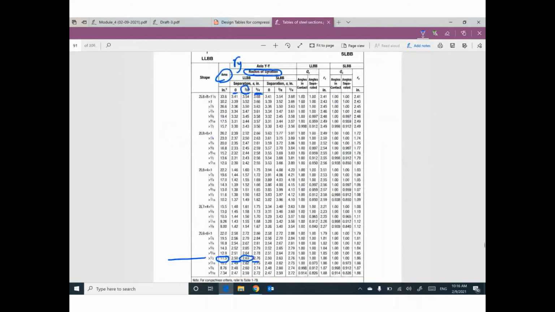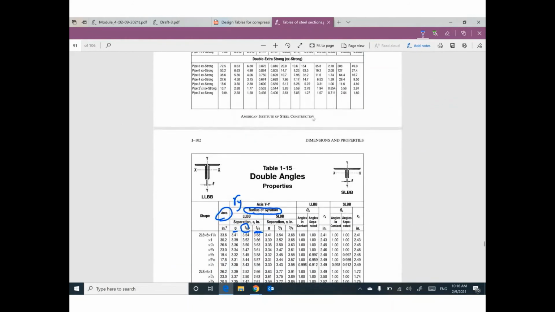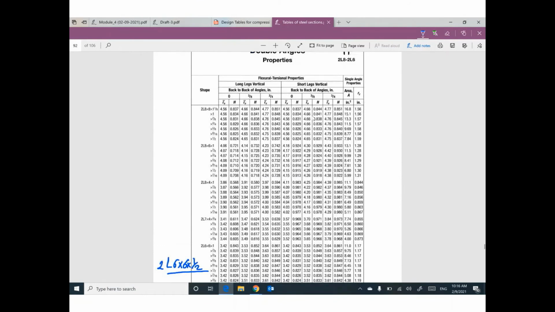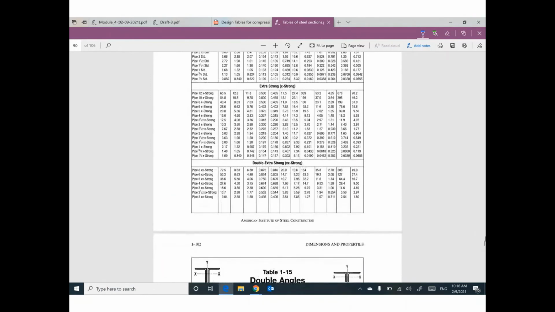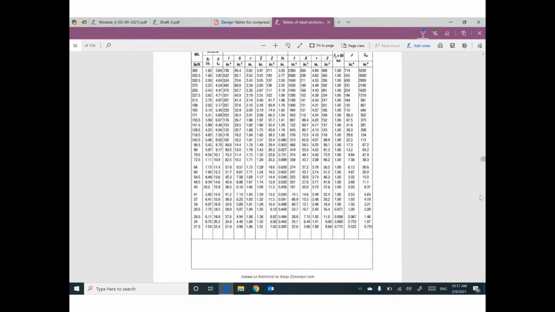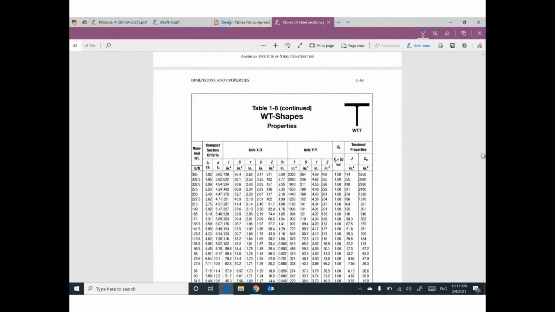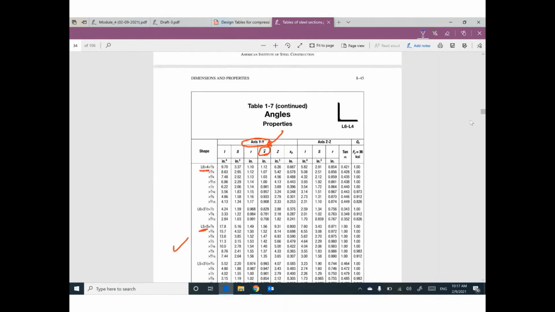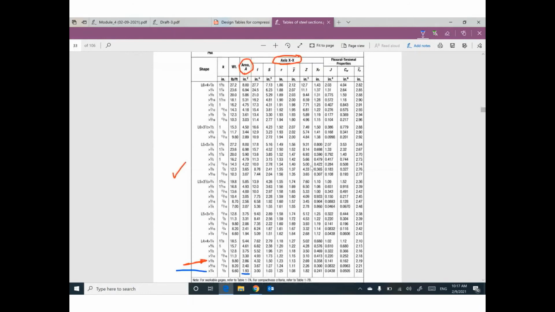Go back. What is the value of I? We don't have a value here, but we can get it. We need to go back to the single angle, 6 by 6 by 1/2.